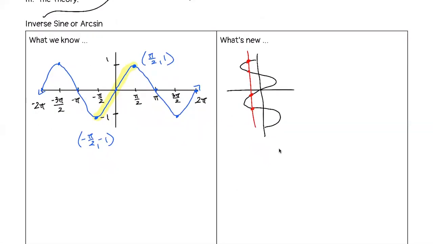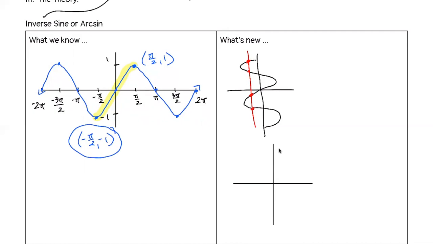well, what are we going to get? Okay, so one of the other ways we thought about inverse functions was that you take the x and y and you switch them. So I'm going to take this coordinate and switch the x and y. So that'll be -1 comma negative pi over 2.